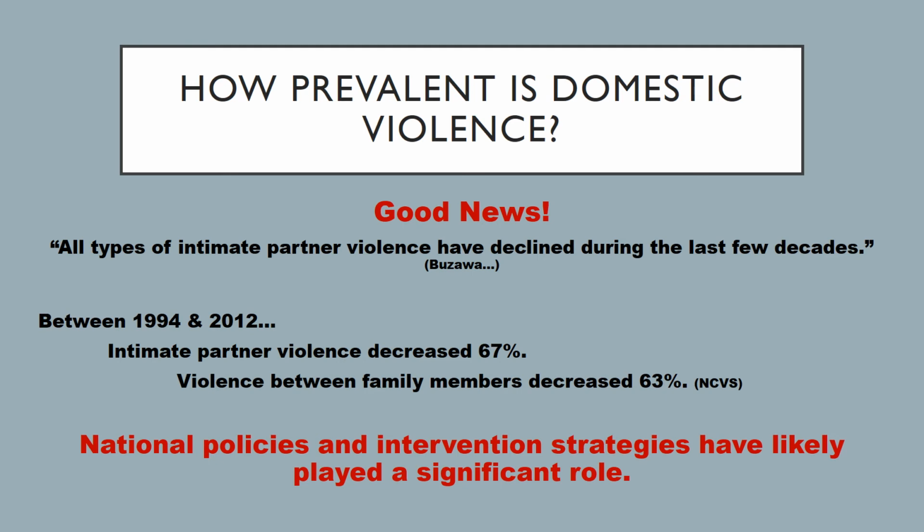So first off, one of the things we've realized since the 1970s is good news. Overall, it appears that as we've been learning how to measure domestic violence and done a better job with it, we have found that domestic and intimate partner violence have generally declined during the last few decades. Now, a lot of this is probably because of awareness.